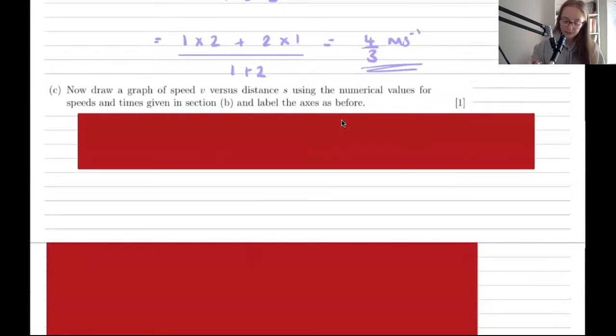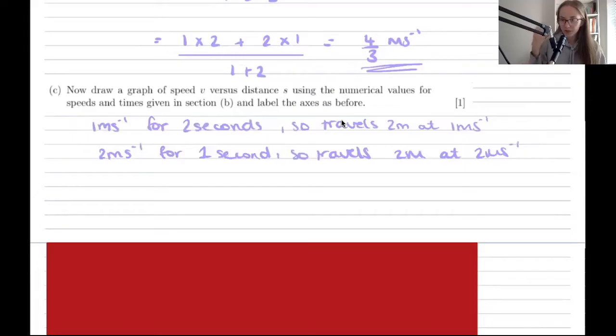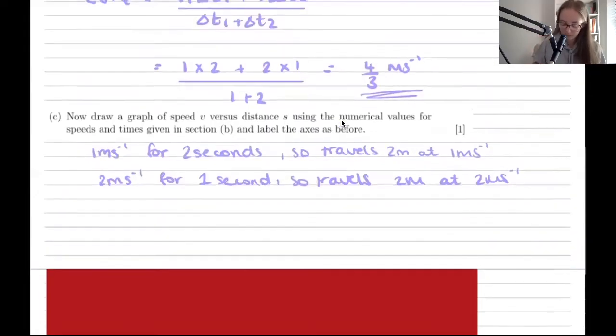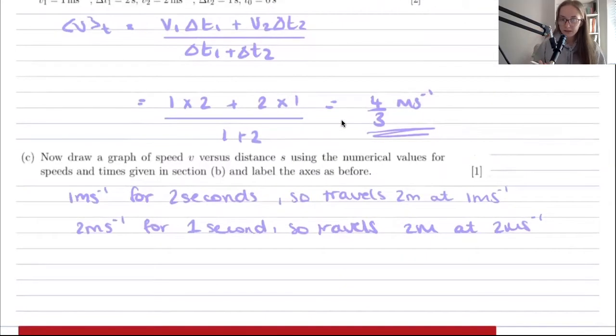Okay, next it wants us to draw a speed versus distance graph. So for this, we need to change our mentality a little bit and read what's going on in the question. What this is telling us is that we're traveling 1 meter per second for 2 seconds. So that means we travel 2 meters at 1 meter per second.